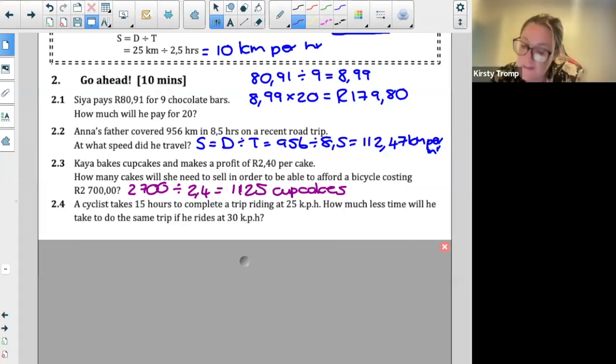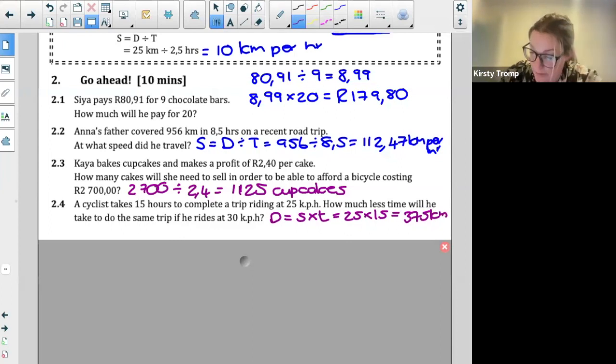Since distance is speed times time, so I said 25 kilometers times 15, and my answer was 375 kilometers per hour. So 375 kilometers, because that's the distance. I agree with you so far. Carry on going.